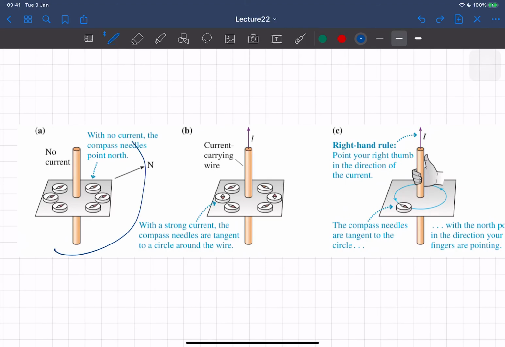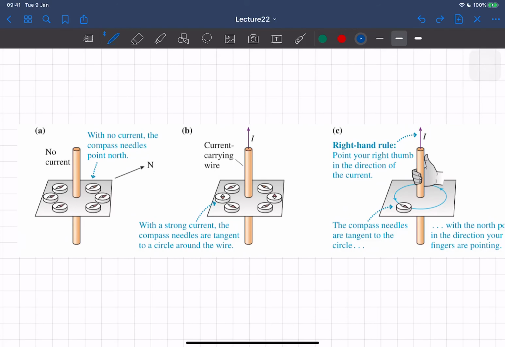This is a nice diagram because it shows clearly the three-dimensional aspect of the whole thing. So you have a wire with no current first, and the wire is going through a piece of paper. So you can say that the wire is perpendicular to the paper. So this is how we see it.